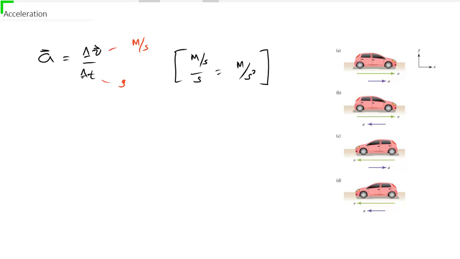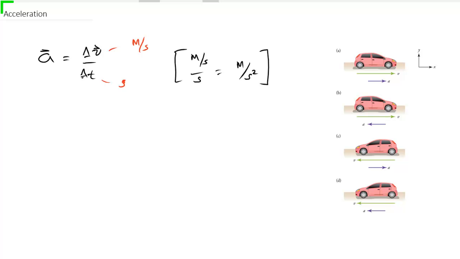So acceleration is in meters per second squared, and it is the rate at which velocity changes. Again, just like velocity, whether our acceleration is positive or negative depends on our coordinate system. So if I have the velocity changing in the negative direction, I would have a negative sign there.